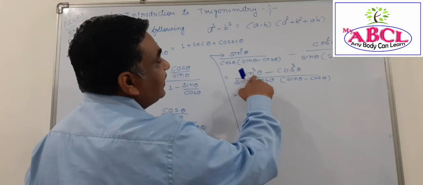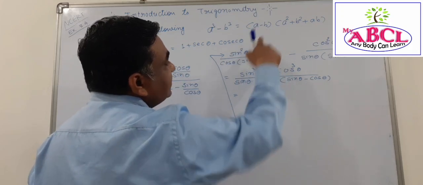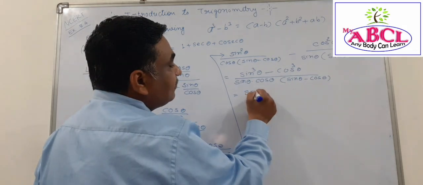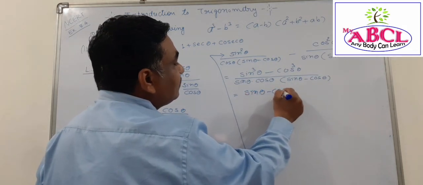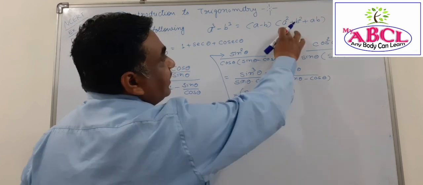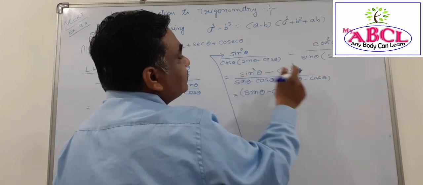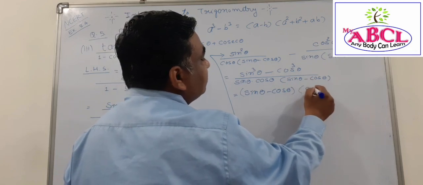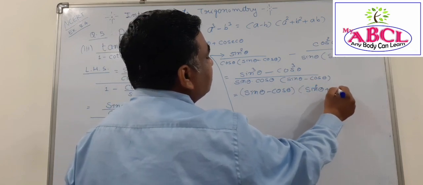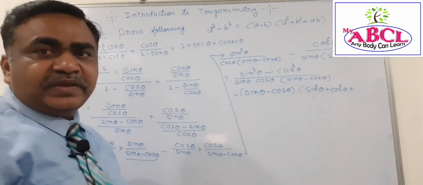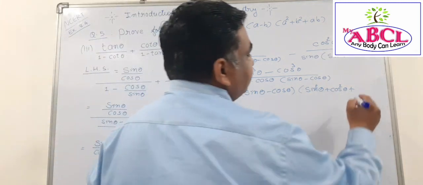Considering a and b, a minus b, I can write sin theta minus cos theta. Second bracket a square plus b square, so sin square theta plus cos square theta, plus a into b, so sin theta into cos theta.